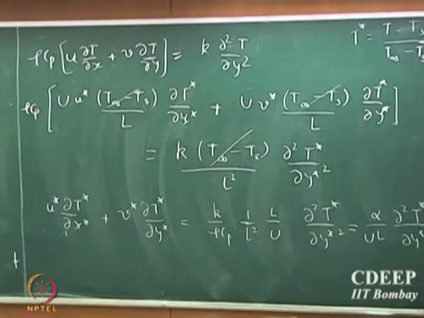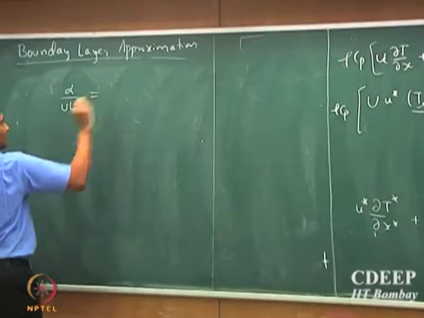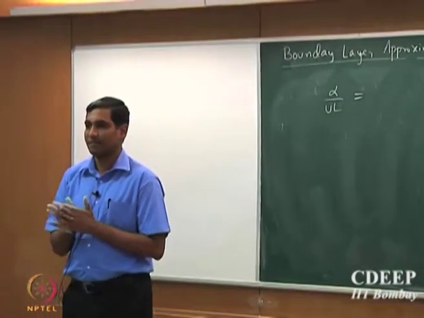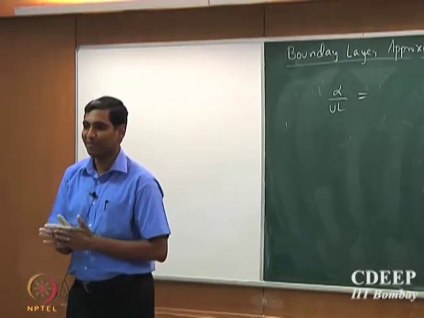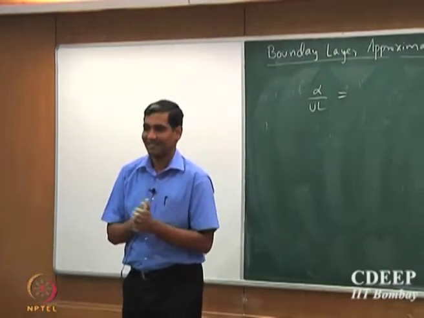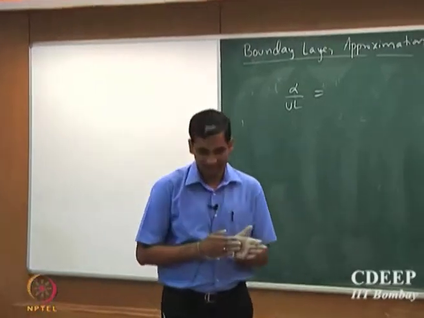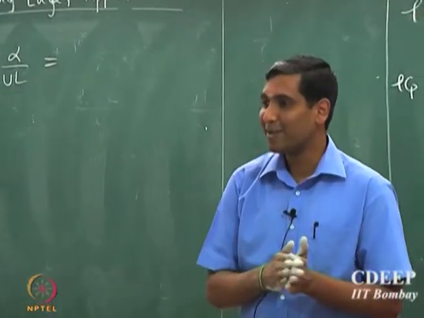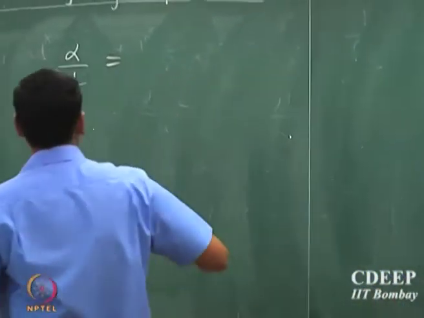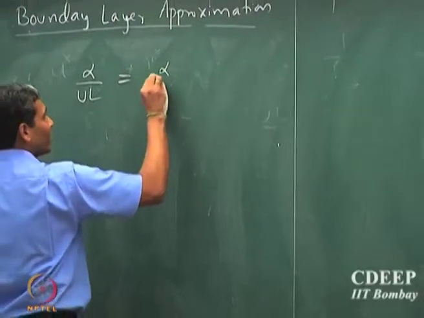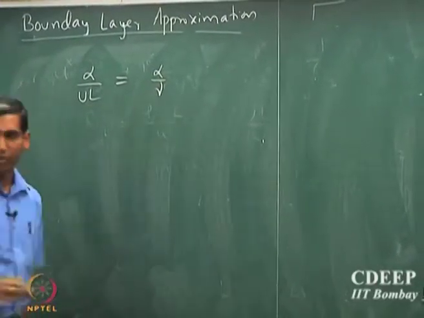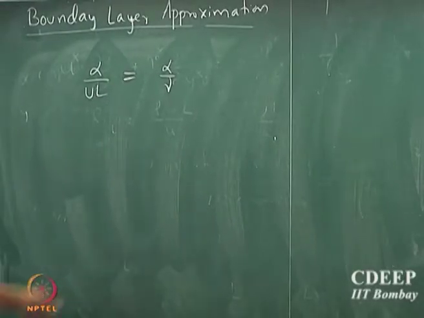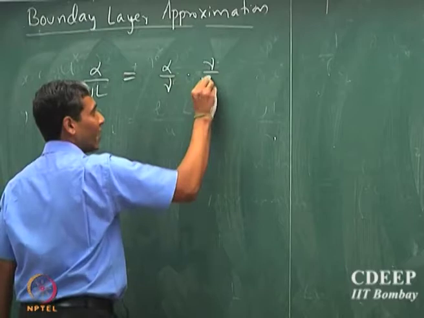Okay, what is alpha by UL? Prandtl number? Is it? It's Peclet number. Okay, so what you can do is you divide this by nu, where nu is the kinematic viscosity, multiplied by nu by UL.